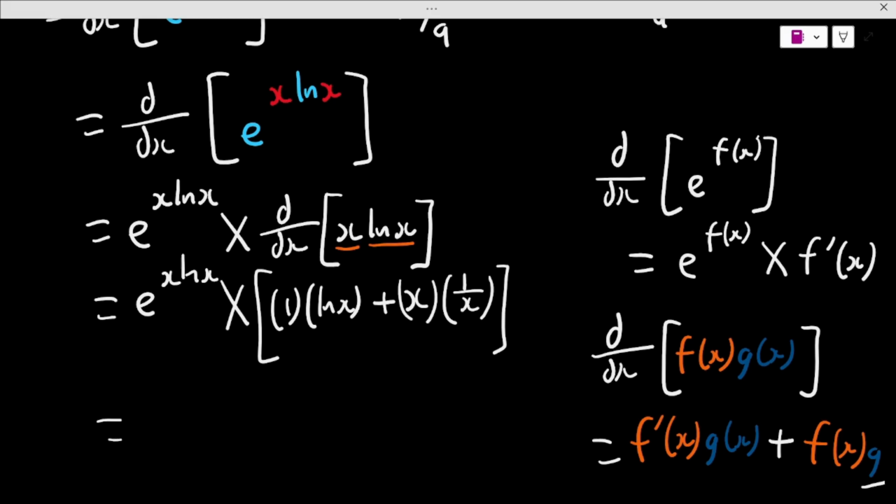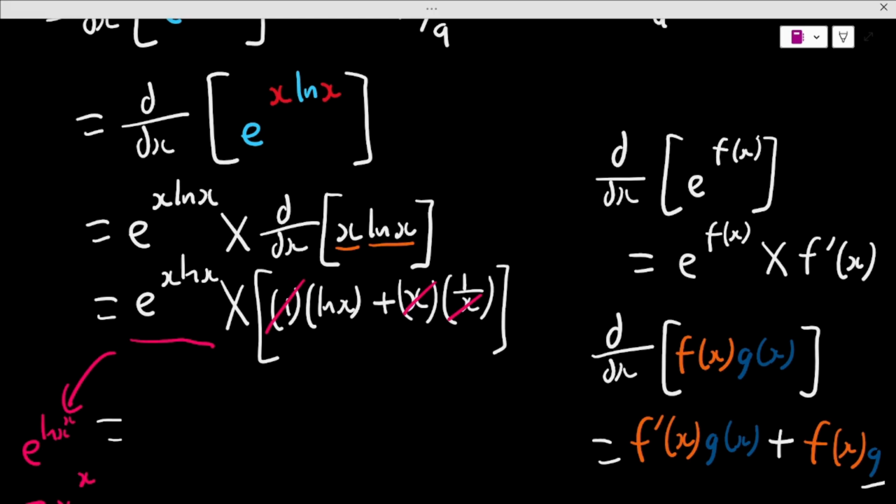Okay, let's do a little bit of simplification. We see that we have x being multiplied to 1 over x. The x can cancel out. The 1 is being multiplied to ln of x, so the 1 doesn't really matter. And we know that e to the x ln x is equal to e to the ln of x to the x, which is equal to x to the x.